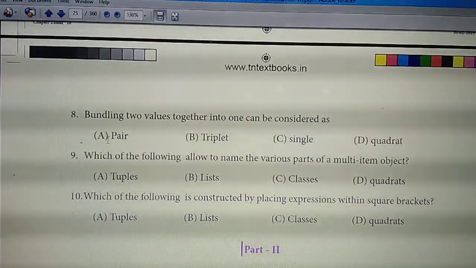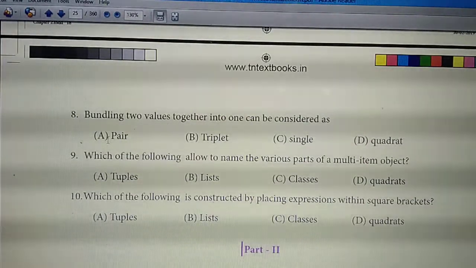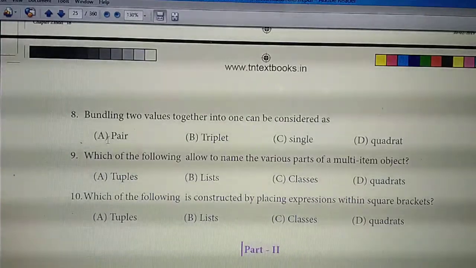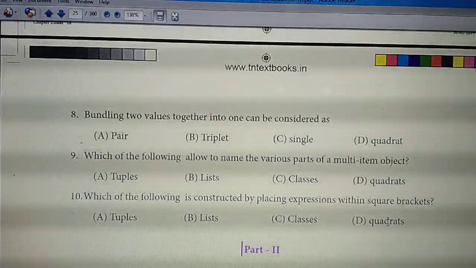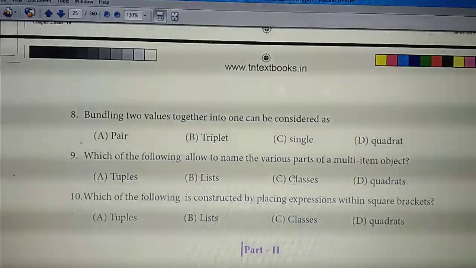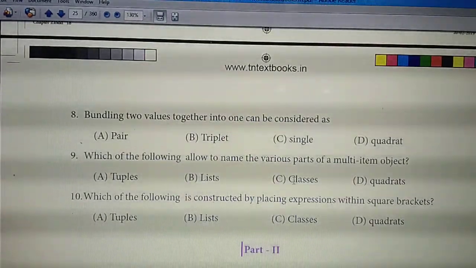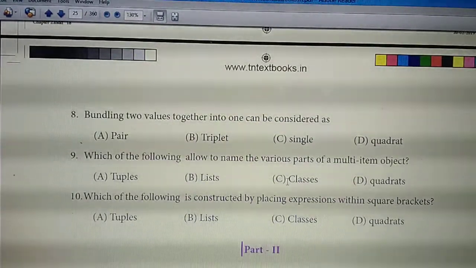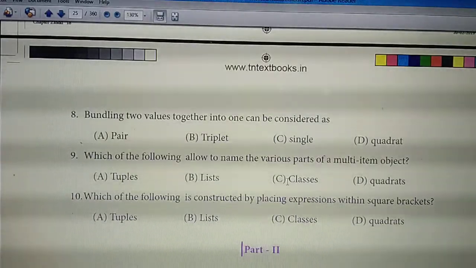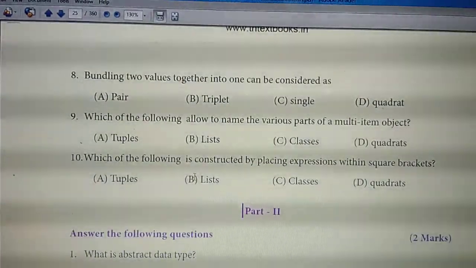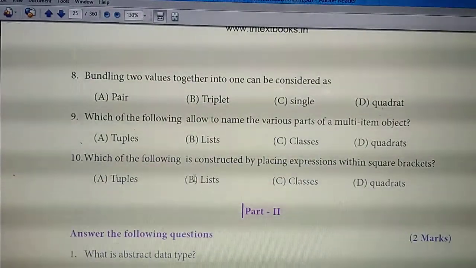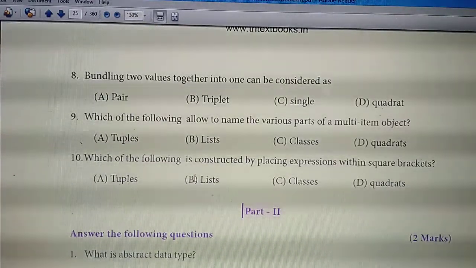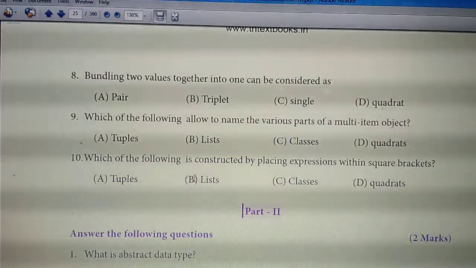Eighth question also has the same answer, option A, pair. Ninth question answer is option C, classes. Tenth question answer is option B, list.